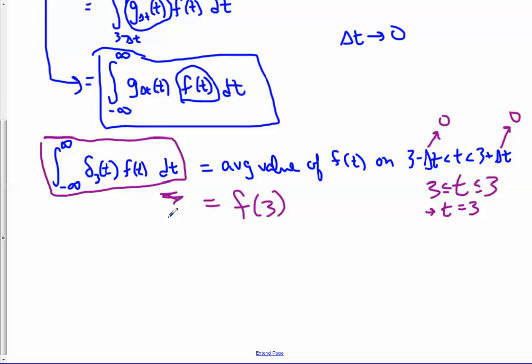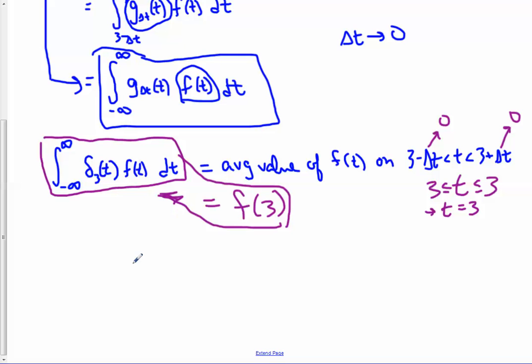So that's really neat. You followed that, you didn't follow that, it's fine. Hopefully you follow a little bit of it, but what I want you to understand is that if you integrate a function times a delta function, the result is it's just going to give you that function evaluated at the delta point. It's just going to give you that number.